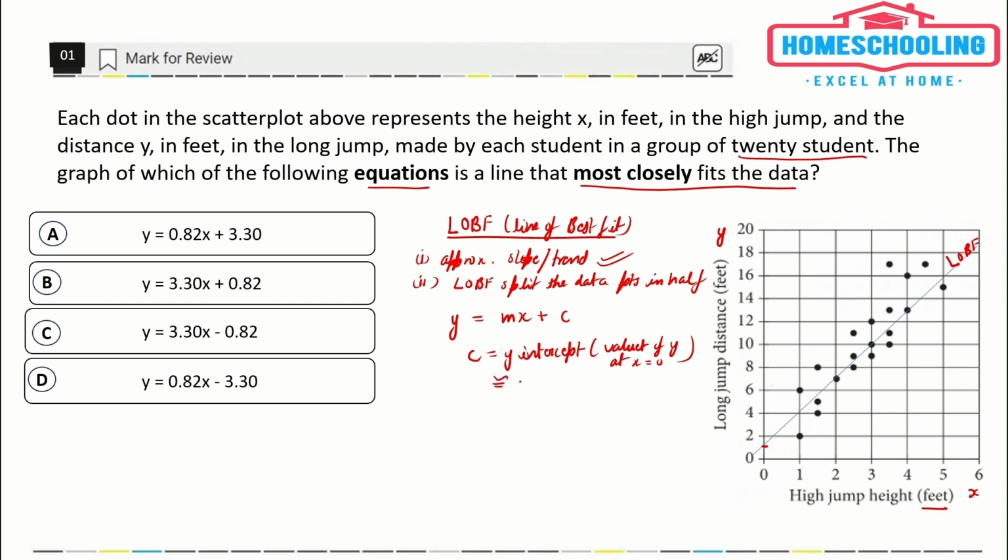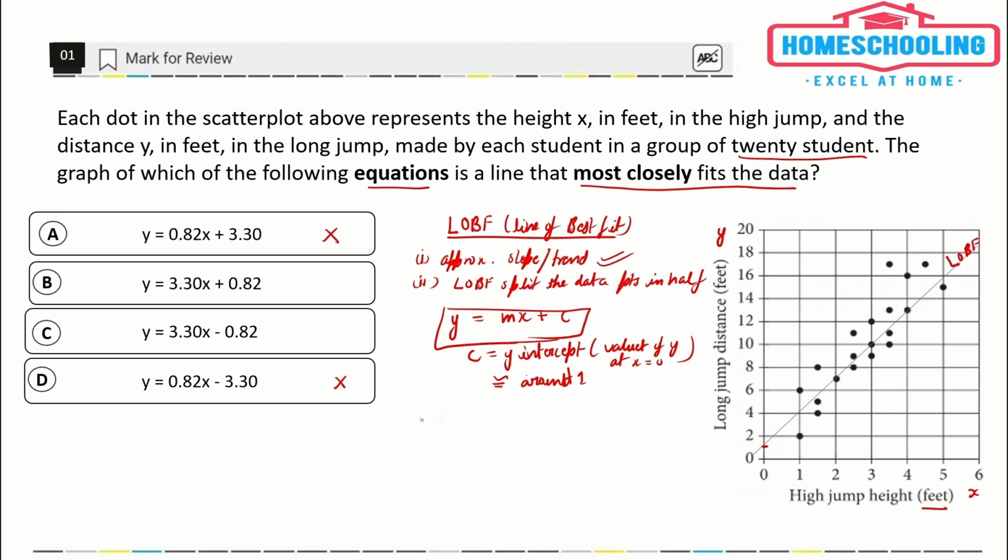So the y-intercept is approximately 1. If we check the y-intercept in the options, we have 3.3 and 0.82. So we will cancel the two options with 3 and only consider option B or C, because the y-intercept is around 1 here.